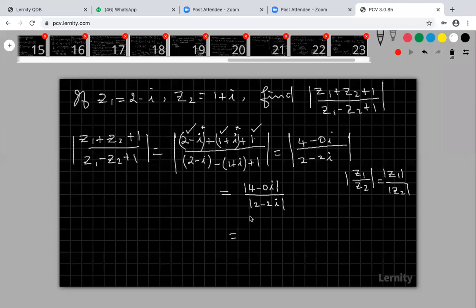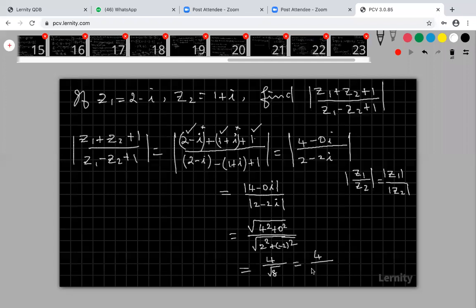Now find the modulus. The modulus of the numerator is root over 4 squared plus 0 squared. The modulus of the denominator is root over 2 squared plus minus 2 the whole squared. So 4 squared is 16, root 16 is 4, divided by root of 4 plus 4, which is root 8.